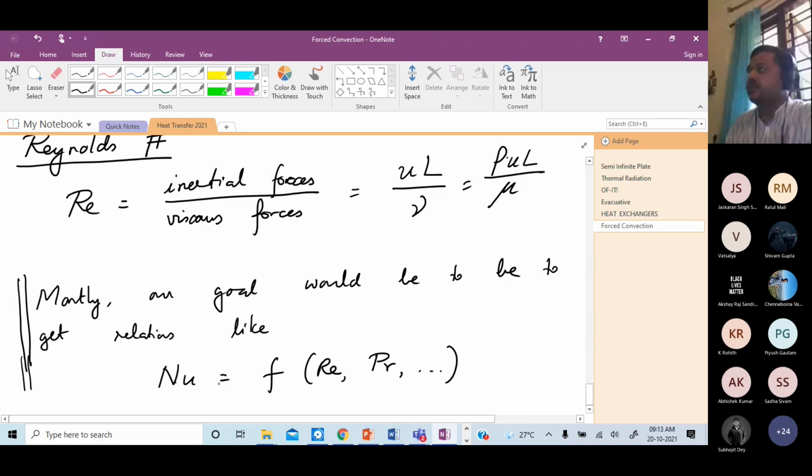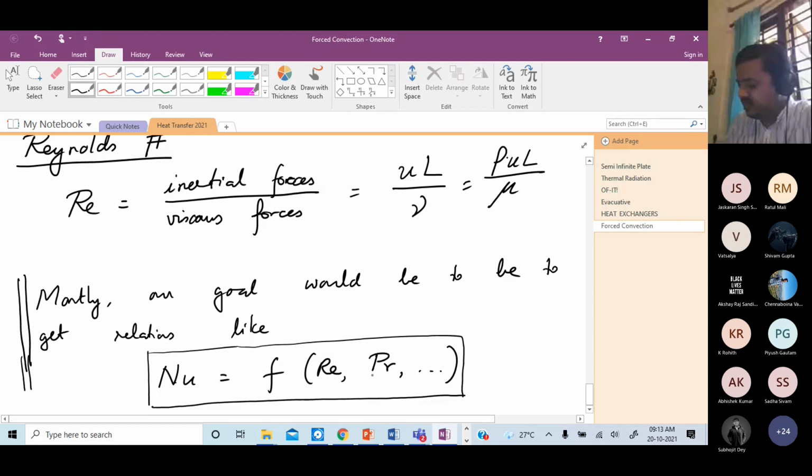If we can relate Nusselt number to Reynolds and Prandtl number, we can find out what is going to be the heat transfer coefficient for a given geometry, for a given fluid, and for a given type of flow. These are called correlations. As we will see later, in convection it is primarily these correlations which are very important.